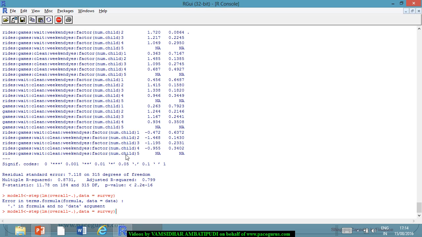I really need not put the bracket here. I need it overall, and then we are taking data equal to survey, and I'm closing it here.